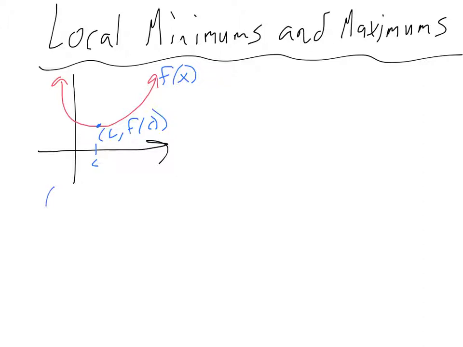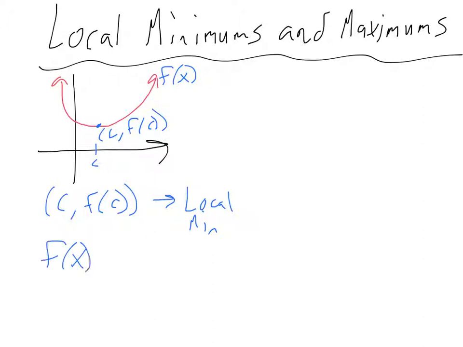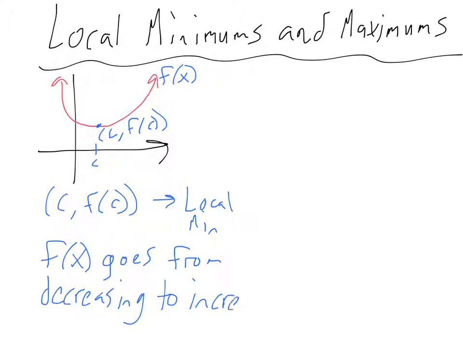So we would say that the point c, f of c, is a local minimum because f of x goes from decreasing to increasing. Right?